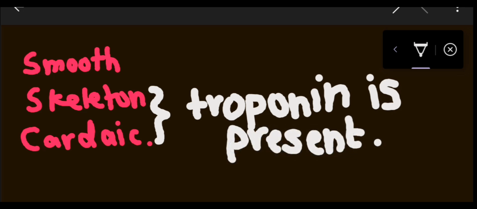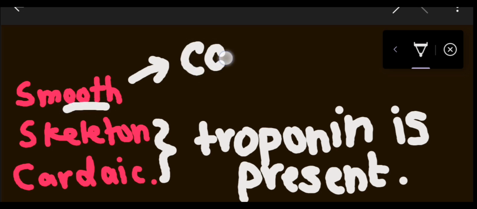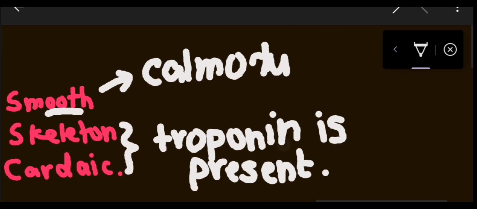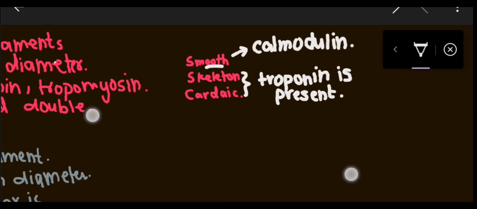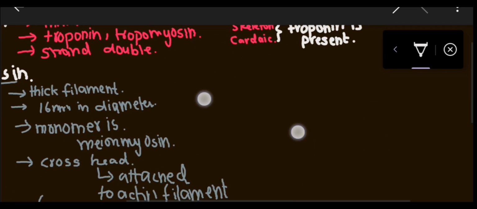But in smooth muscles, troponin is not present in the actin filaments. Instead, there is one more protein known as calmodulin.